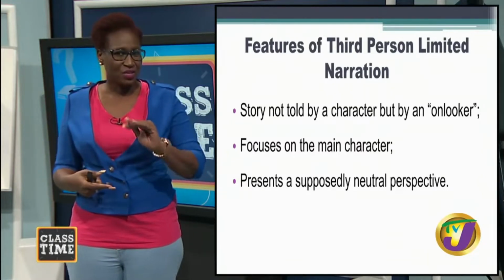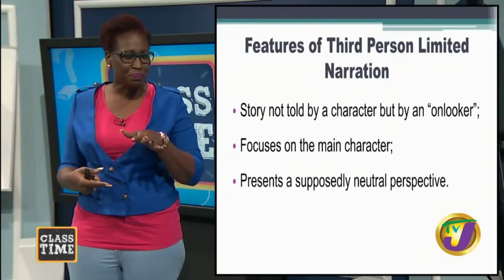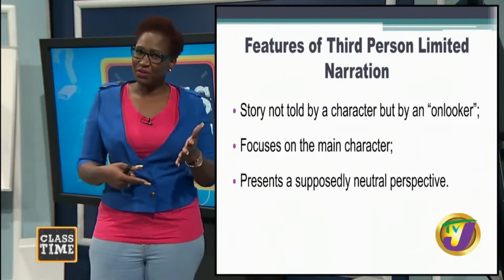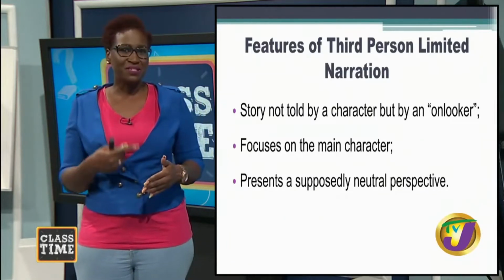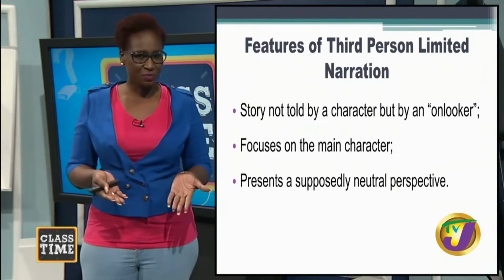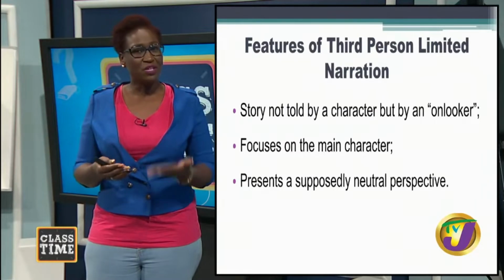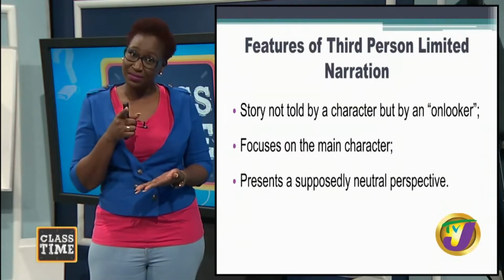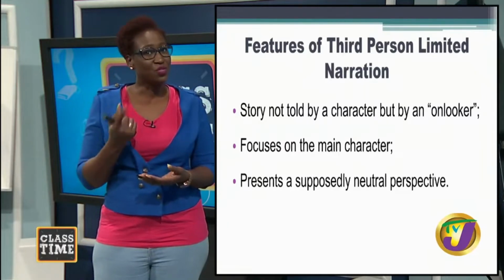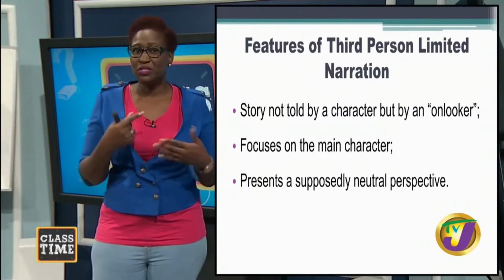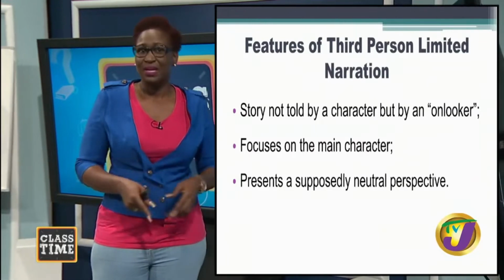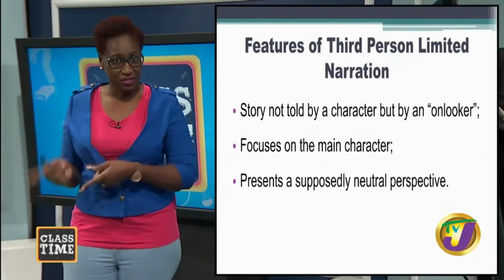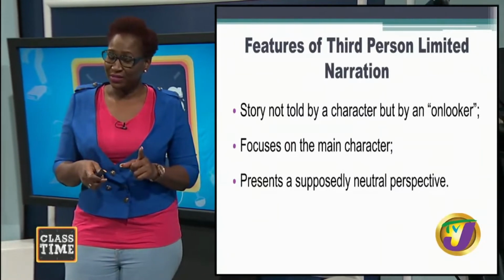In that case, you could question me and say, I don't believe you because you're only telling me your side. With a third person narration, it would seem as if you're getting an unbiased perspective. But then again, you have to keep in mind that the author, him or herself, might be biased. So you have to question that too. Is it that the author wants me to take the side of this character? Is it that the author wants me to cheer for this character and curse the other one? You never can quite tell.